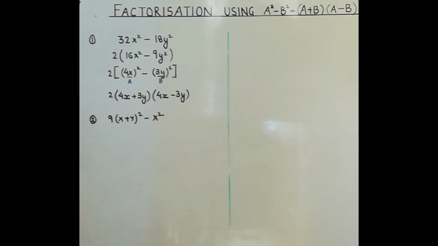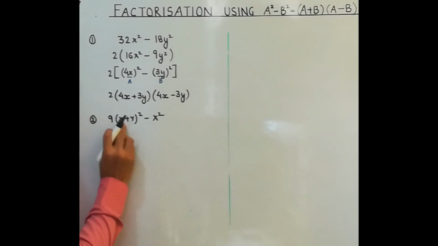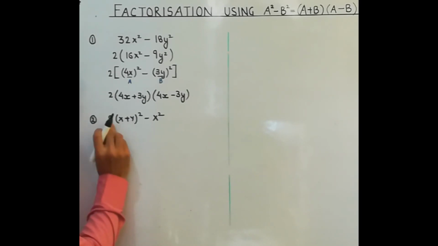Now see in this question, again first of all we will see if any coefficient, literal or numerical, can be taken common, but we can't take anything common from here, so we will try to convert these two terms into square form. If you consider the first term, it is a product.